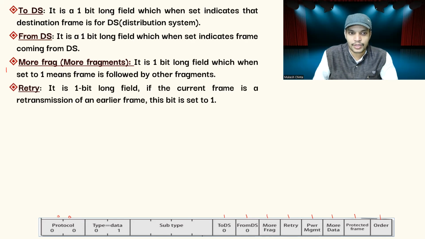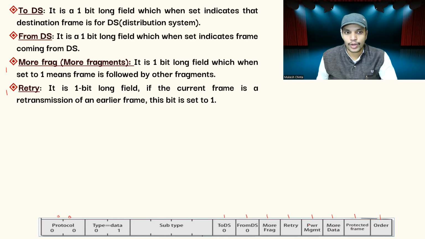Then you have something called a retry field. If this field is set to 1, it indicates to the receiver that this particular frame is a retransmitted frame, not a fresh one. So if the current frame is a retransmission of an earlier frame, you set this bit to 1, which tells the receiver that this is a retransmission, not a new one.